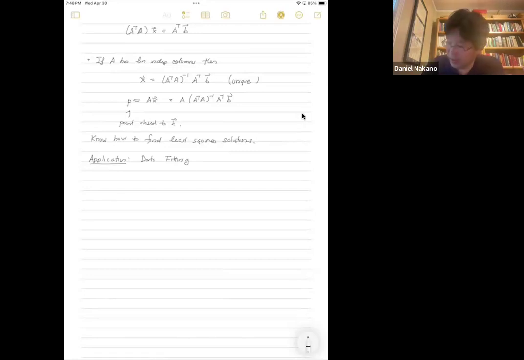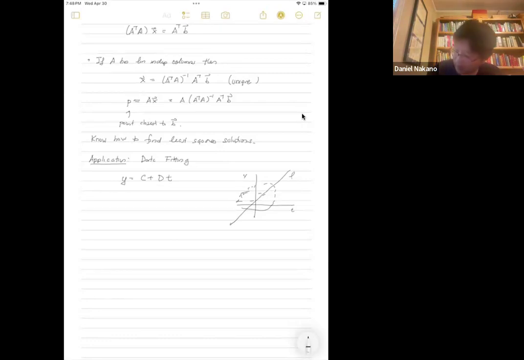Okay. So, here's the idea. We basically want to find a straight line fit for data. So we want to find something like y equals c plus dt, and we have a bunch of points. So let's call the axes T and Y. And we have a bunch of points over here, and they're all over the place. And we basically want to find the line which best fits the data.